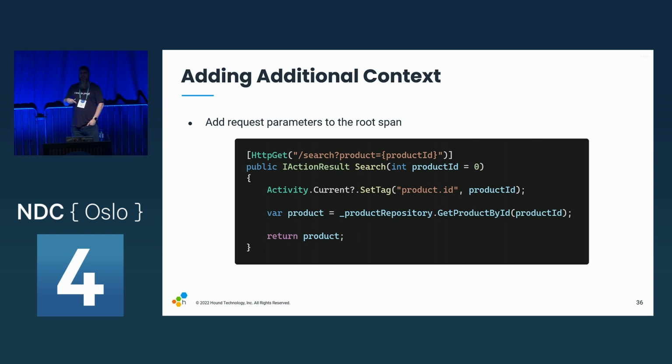Now, you don't have access to the span that ASP.NET Core creates, so you'd have to create your own span. With activity.current, you can access the current activity that is active. And then you can use that to append different attributes to it, like your product ID in this example, because it's part of what came in on the URL.